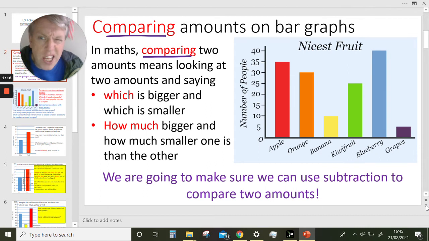And it's really useful to be able to use subtraction to compare two amounts. Really helpful, particularly when the numbers get much bigger.